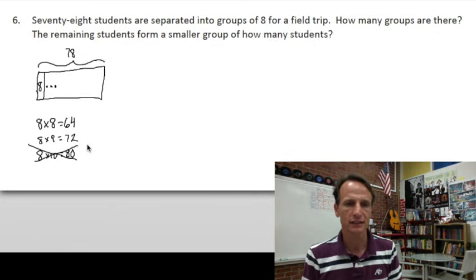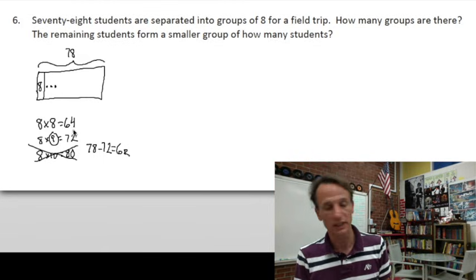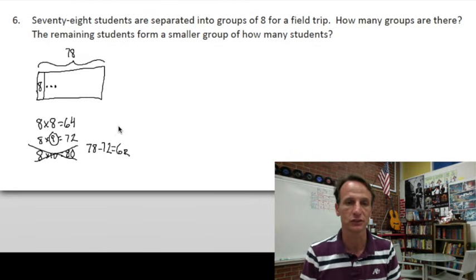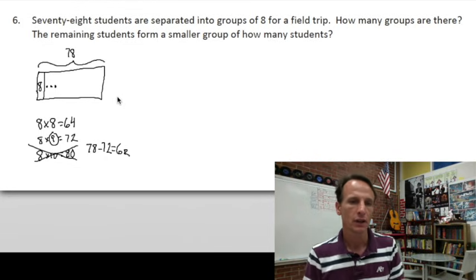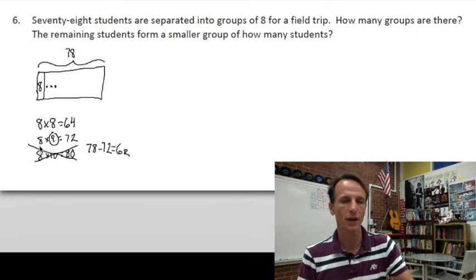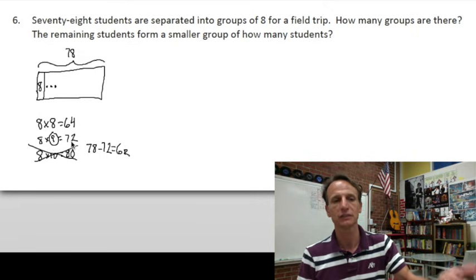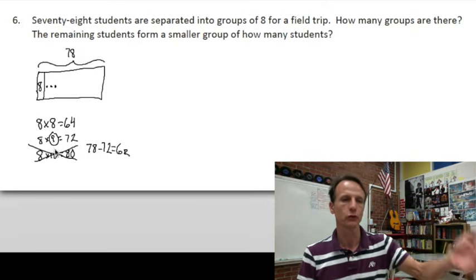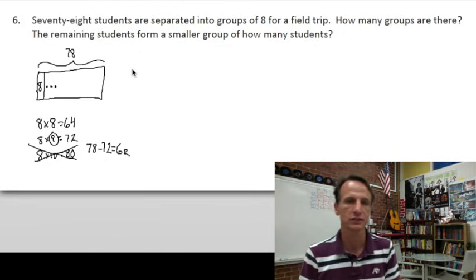And so then 78 minus the 9 groups here, which parses out 72 of those students, will leave 6 remaining. Okay, so another way of doing it is just to use your multiplication facts instead of the skip counting. All right, so we know how many groups are there. We know there are 9 groups. Why? Because 8 times 9 is 72. So we can get 9 groups of 8 students.